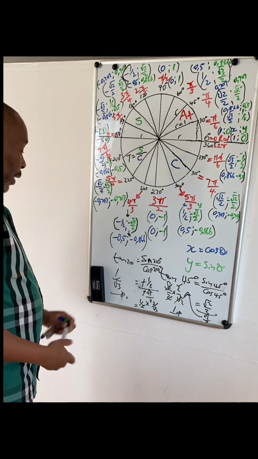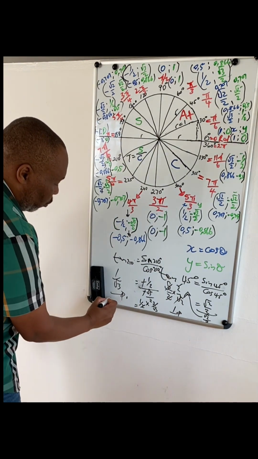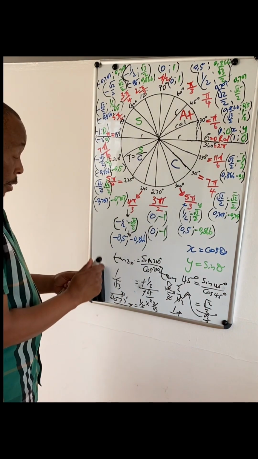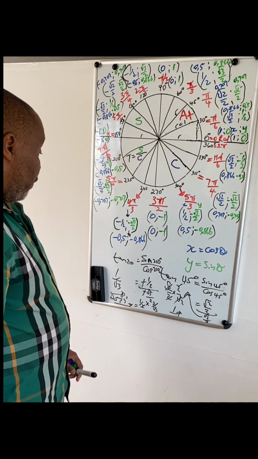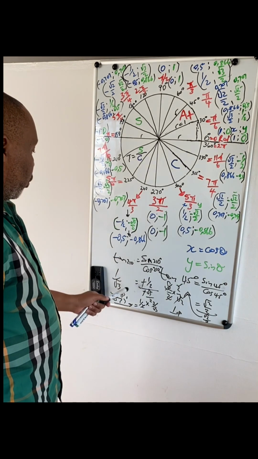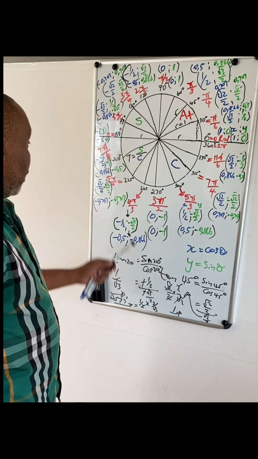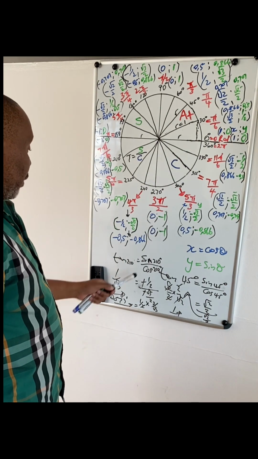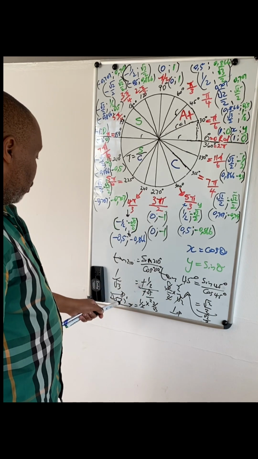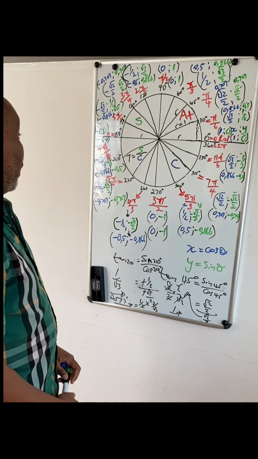It's 1 over root 3. In decimal form, 1 over root 3 would be 0.577, if I'm not mistaken. So this is how it would be, because it's tan 210, and it's here in the third quadrant. It's sine 210 over cos 210, and then we work it out, we get a positive 1 over root 3.